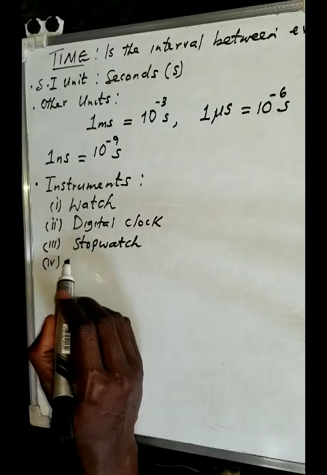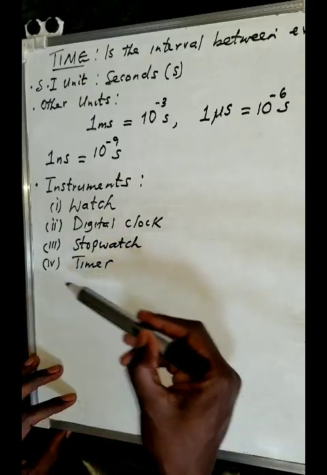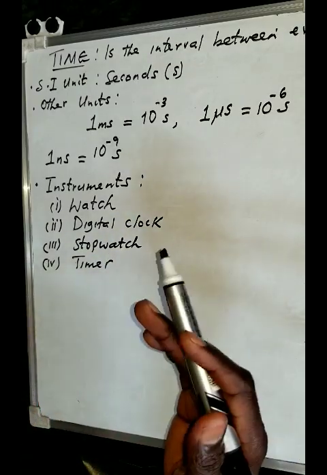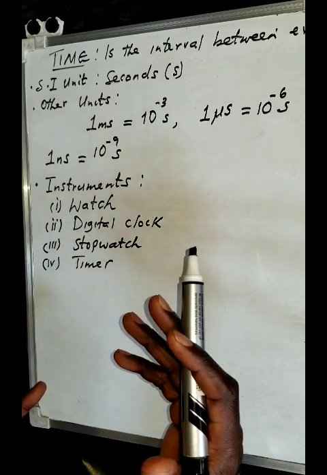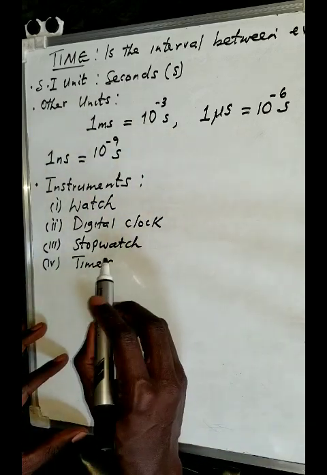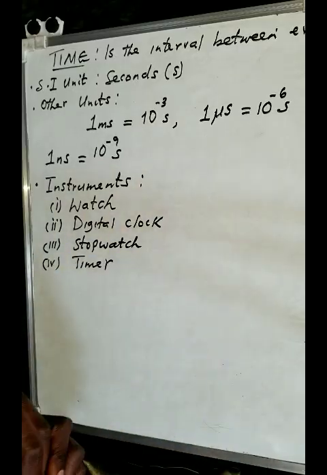The other one that we can talk about is simply a timer. So for a timer, it counts down from a set time, and usually these are the ones that are commonly found maybe when people are cooking or when we are carrying out experiments. So there are a lot of instruments that you can use.